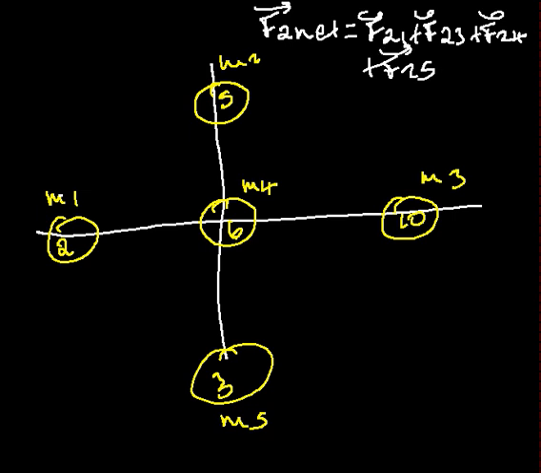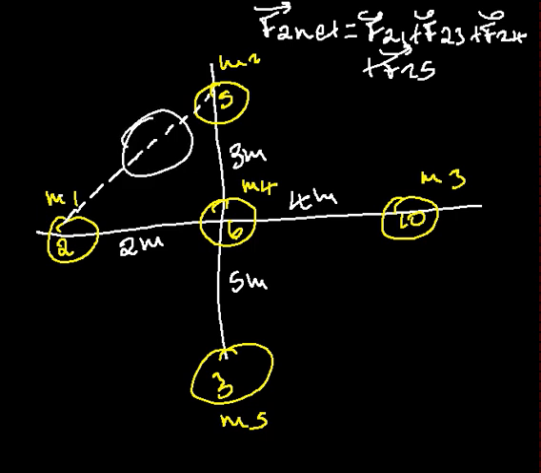From there, that's when we analyze the forces on the given system. Let's go on F21. F21 corresponds to the 2 masses here. So let's think of connecting the 2 masses. So this is how they are. Let's say this is 2 meters, this is 3 meters, this is 4 meters, and this is 5 meters. So what is the separation distance between the two masses? We don't know that.